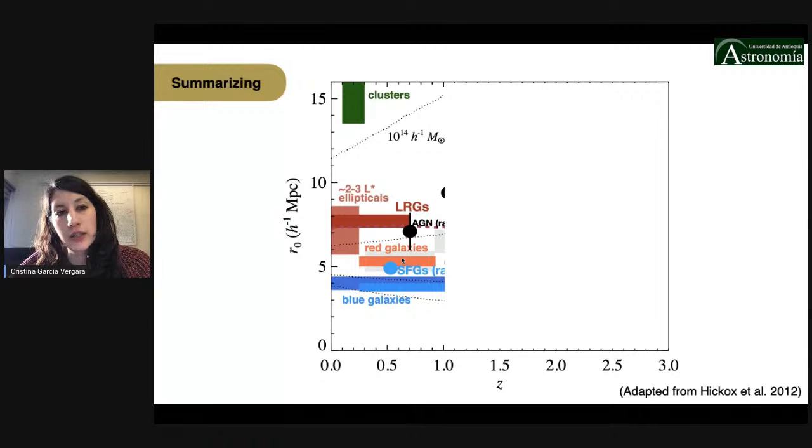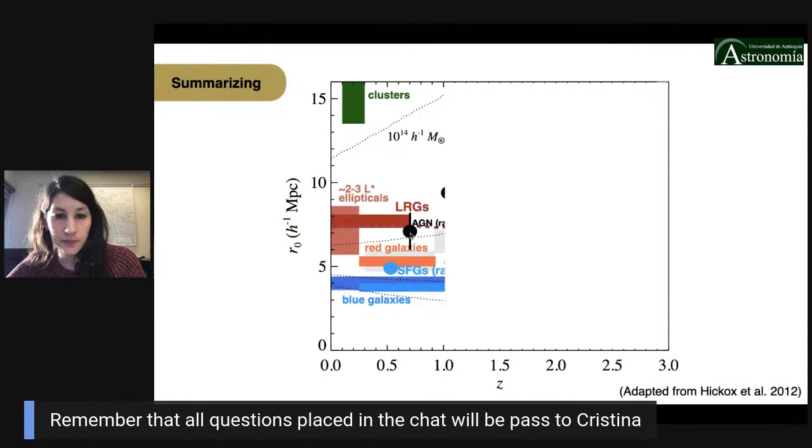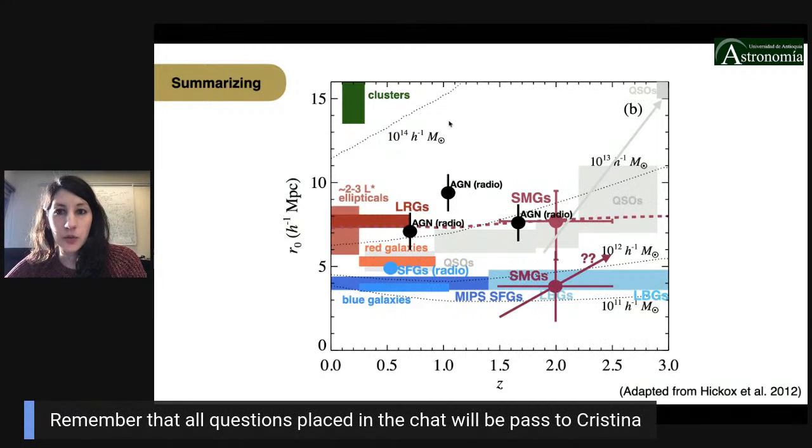In general, galaxy clusters, of course, are the most clustered population in the local universe. Here I'm showing the clustering of AGNs measured from radio surveys. And if we extend this to higher redshifts, this is more or less what we have.